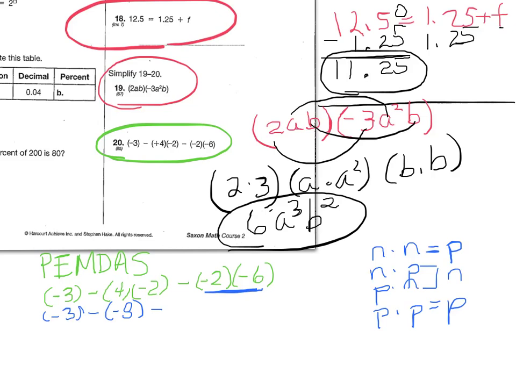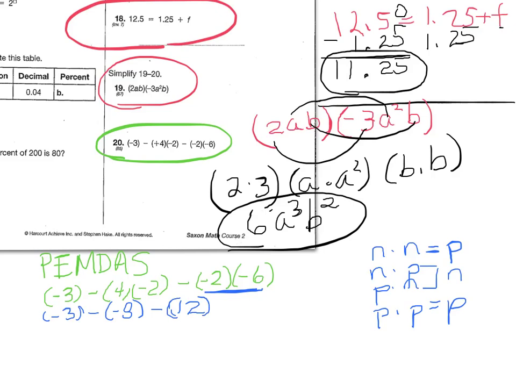Well, if we remember right over here, a negative times a negative is a positive, so a negative 2 times a negative 6 is going to be a positive 12. Okay, I'm leaving it in the parentheses so you remember that we're just doing the multiplication first, and then we'll go ahead and do the last part.